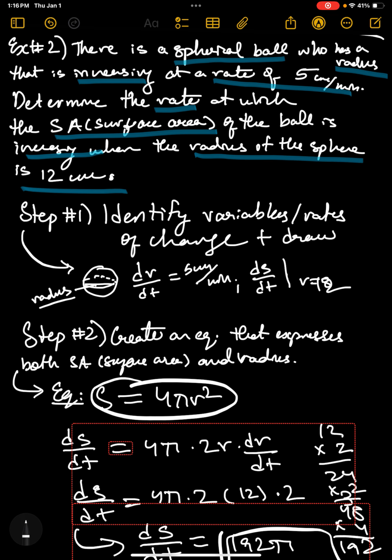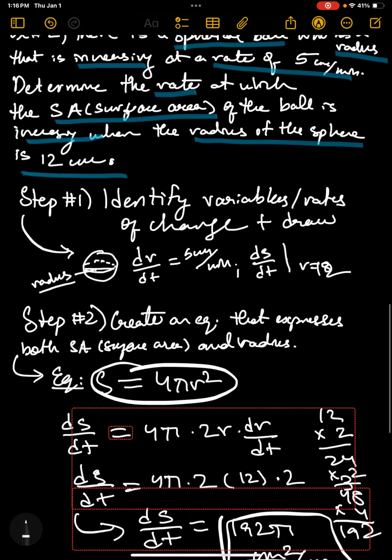You have to highlight, you know, any important information such as a given radius or the rate of something, because the rate of something is basically dr dt or ds dt or whatever, but you can contextualize that within the problem to solve for the variable or rate of change that they ask you to determine.